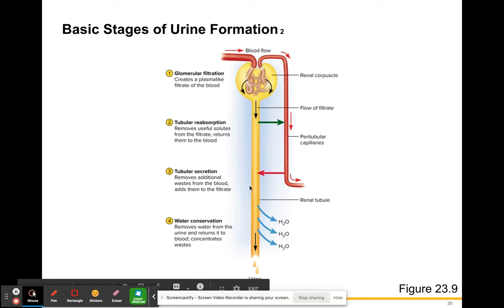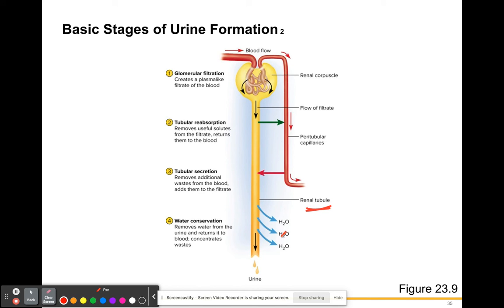Now notice, I want you to see just one term here. We want to see the renal tubule, because we're going to mention that in the upcoming notes in a moment. But now you can see here's our flow of blood. It leaves through a capillary, the peritubular capillary.